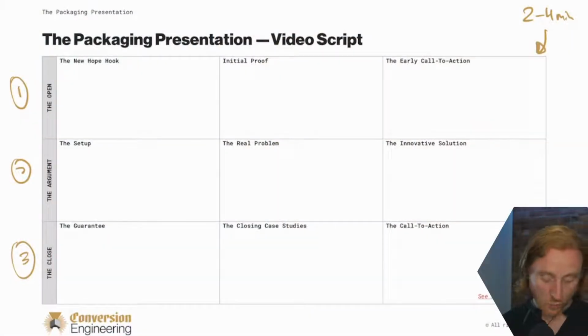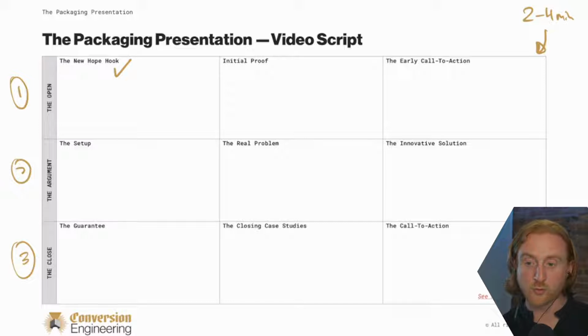Not only that, you want to have your new hope hook, meaning, hey, if you're this person in this context, I have a solution that is hopeful for you. Here's the initial proof that this actually works. And if you're interested and you're short on time, here's the next step on how to move forward. And we want to do that in 2 to 4 minutes. And then we can say, okay, for the looky-loos, the people short on time and just checking it out, we've got that across.